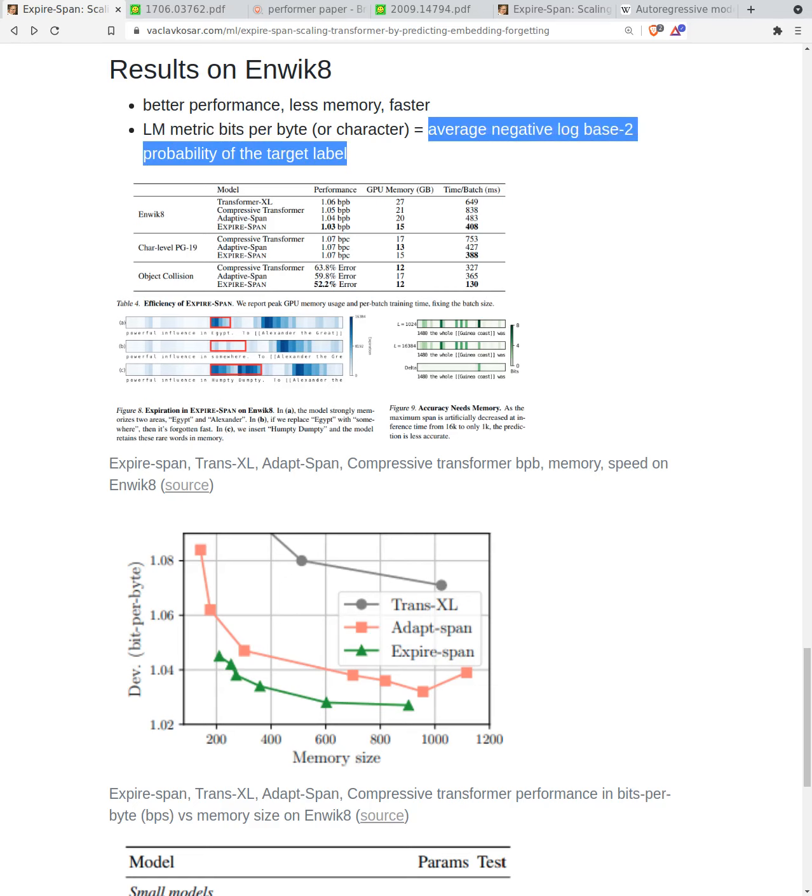You can also inspect what the model remembers. Once it is reading text, it, for example, remembers characters from the word Egypt here, characters from the word Alexander, while it does not remember non-specific words like somewhere.